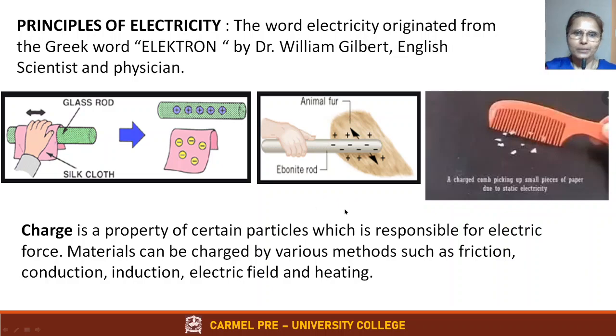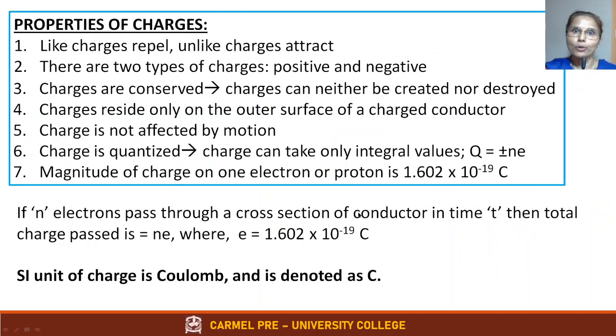Okay, so keeping this in mind, let us see the properties of charges. As I told you, like charges repel, unlike charges attract. There are two types of charges, positive and negative. Charges are conserved, means they follow conservation, charges can neither be created nor destroyed.